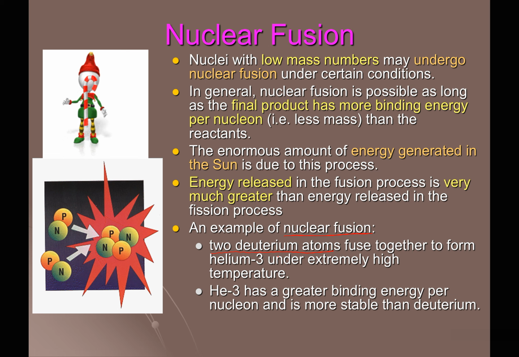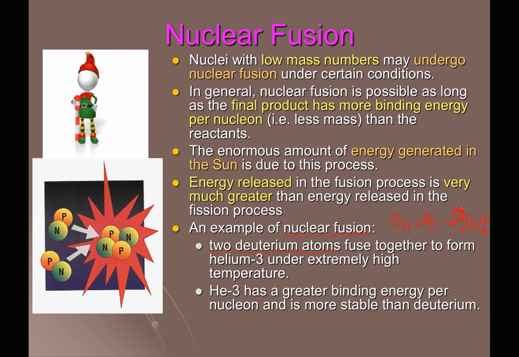But remember, the deuterium nucleus, which is H-2 1, must combine with another deuterium nucleus to give us a helium nucleus, He-3 2. Of course, this will be accompanied by a neutron if we try to balance this equation. But I'm only interested in the nucleon number. The deuterium nuclei had a nucleon number of 2, but the resulting product has a higher nucleon number. That means the binding energy is most likely going to be greater, because as the nucleon number increases, it is tending towards the region of stability.